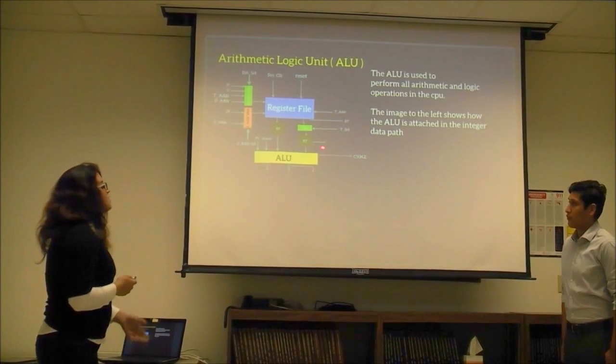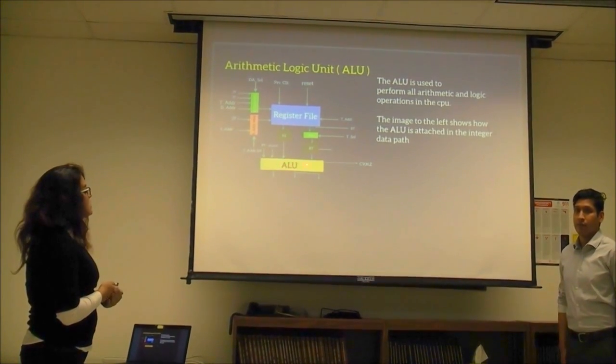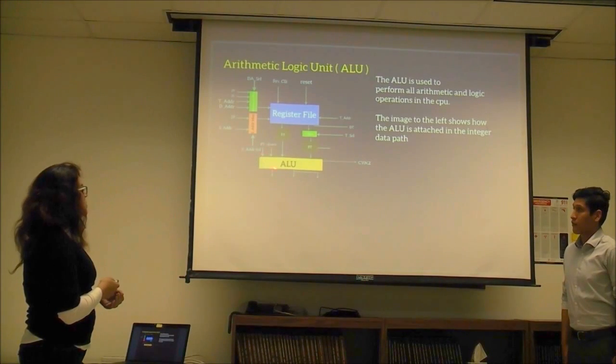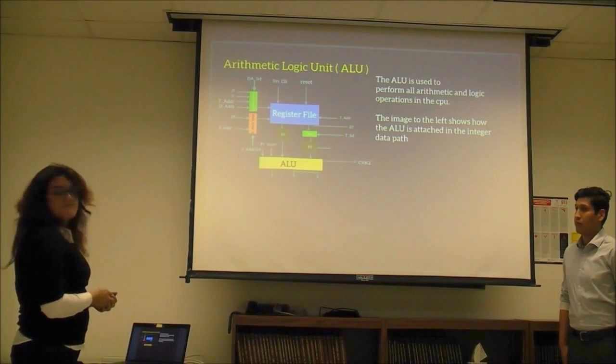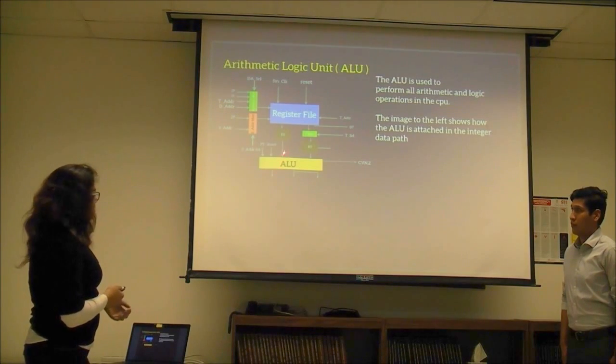Here we added on the ALU, where the contents read from the register file are loaded onto the ALU and the function selected to perform is used. Shift amount won't be used if it's not a shift right, shift left, shift left logical, or shift right logical.